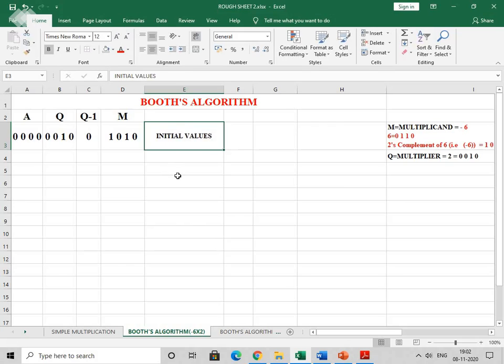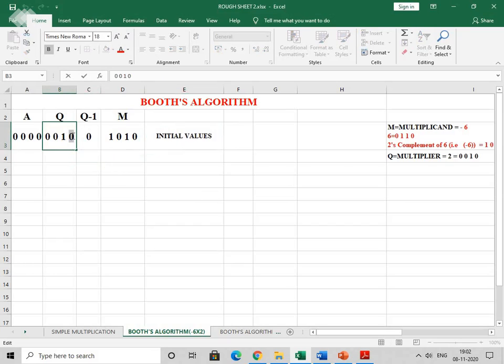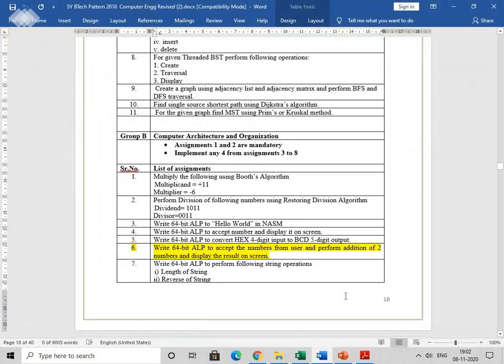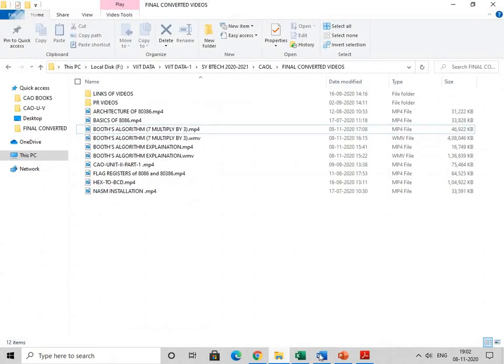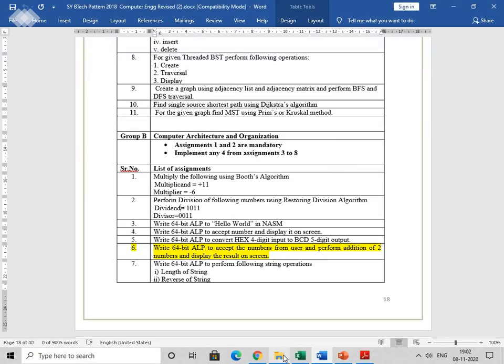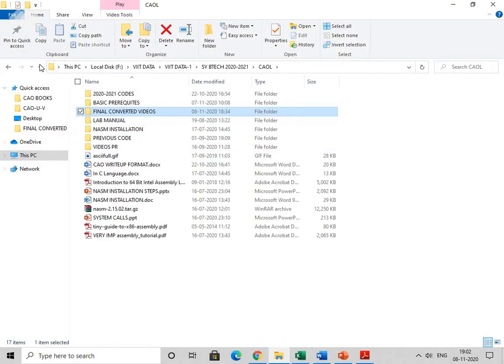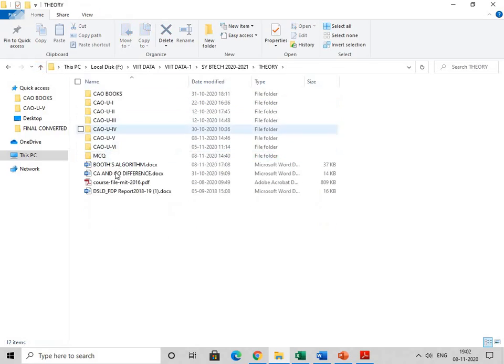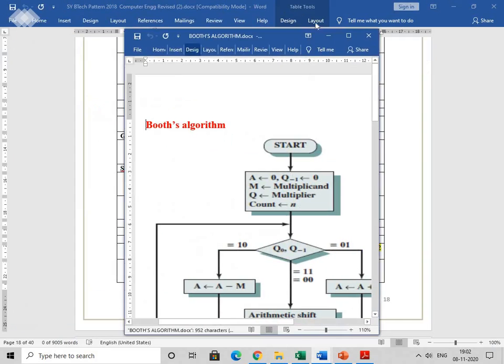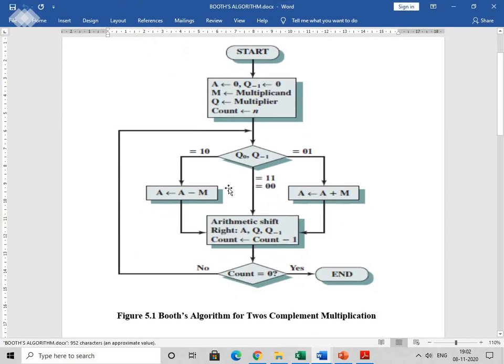Now let's solve. These are your initial values. Now observe this Q0 bit and Q minus 1 bit, right? So both these are 0. So according to the flow chart, when Q0 is 0 and Q minus 1 is 0, we will shift right the content of A, Q and Q minus 1.